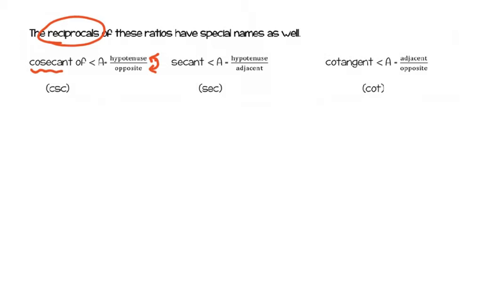So cosecant is basically 1 over sine A. Instead of being opposite over hypotenuse, it's the other way around. For secant, abbreviated SEC, it's hypotenuse over adjacent. So that's the inverse of cosine.